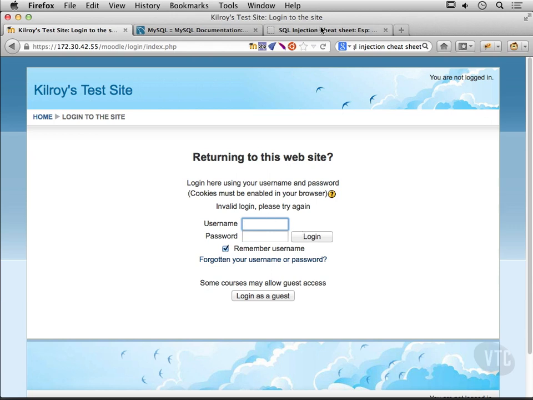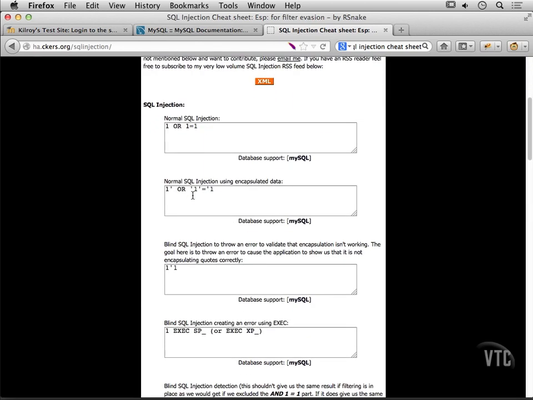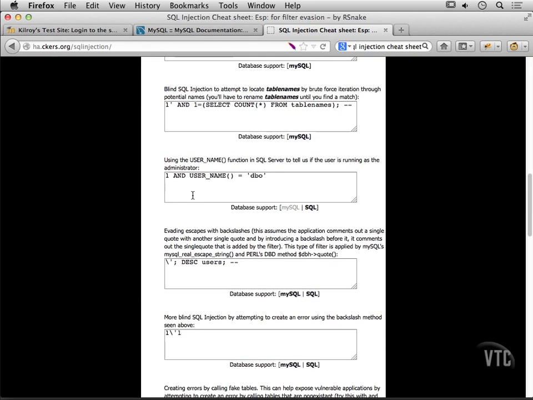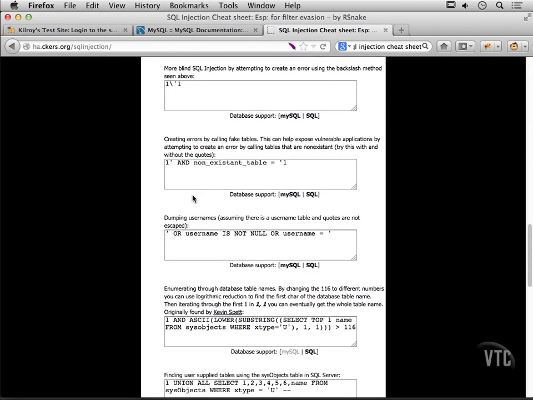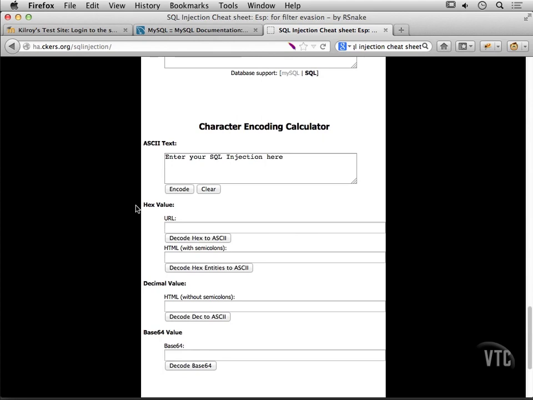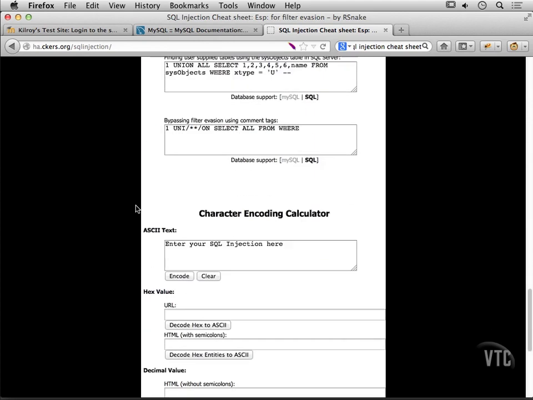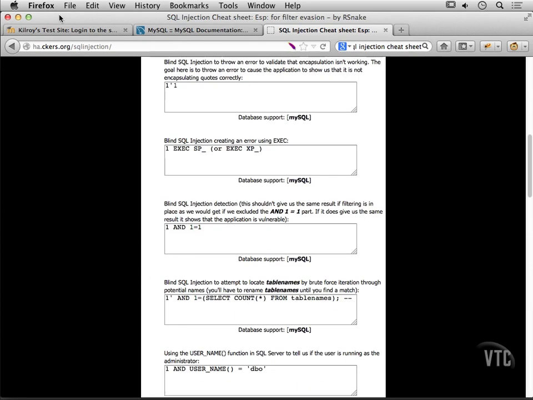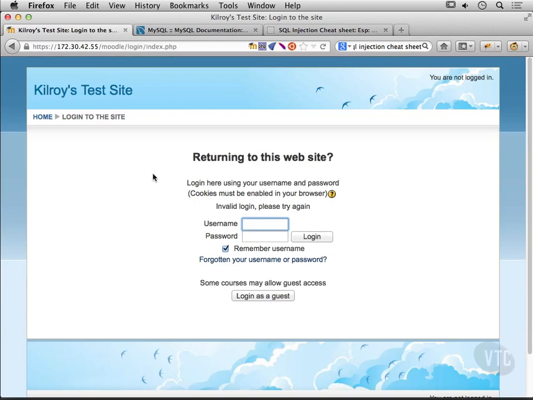So there are a number of things that you can do in order to further your exploration into a potential SQL injection attack. And as I said, here are some different types of things that you may be able to do. But it really comes down to a lot of persistence and playing around with the site just to see whether you can get through it or not.